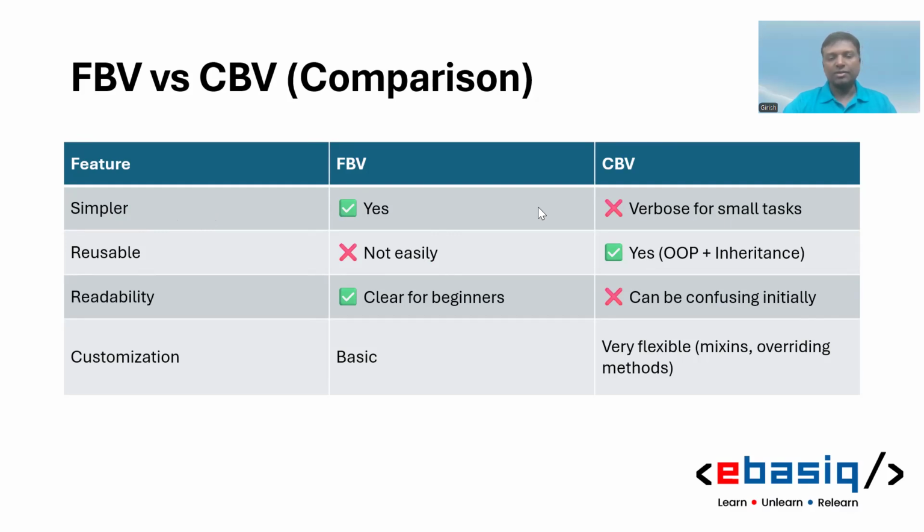And readability, it is clear for beginners in function-based view, and class-based view can be a little confusing initially, but reusability will be there a lot. Okay, customization. In function-based view, it's a little basic, whereas class-based view is very flexible. Okay, so we can use overriding methods and mixins like that.